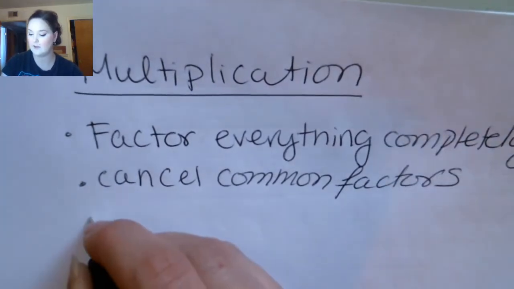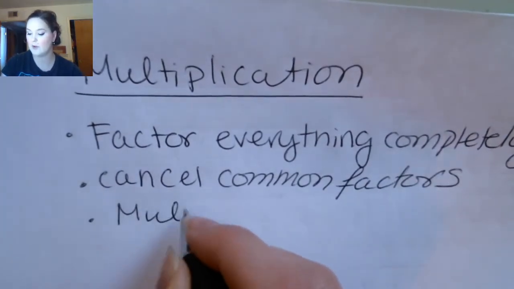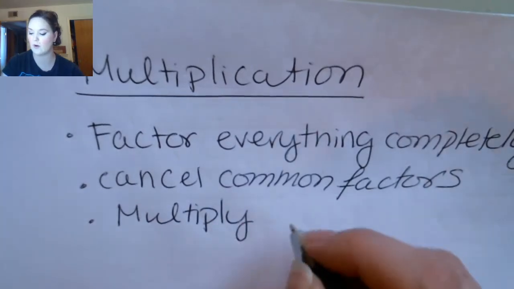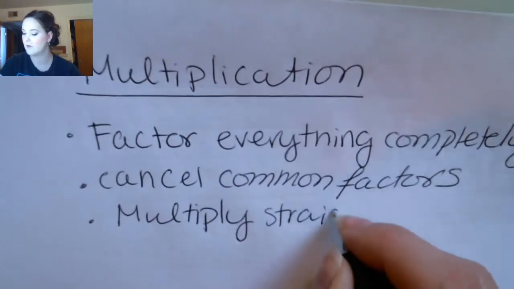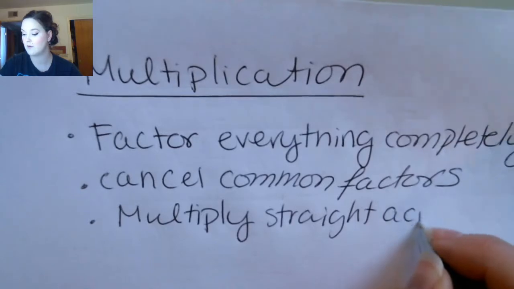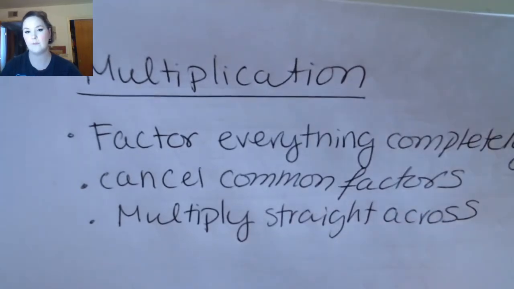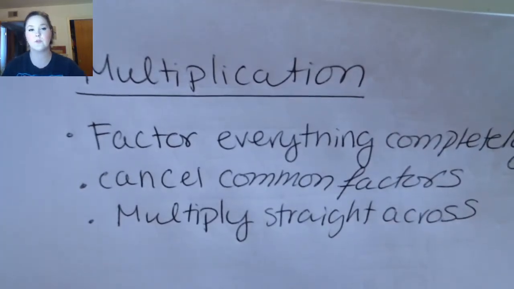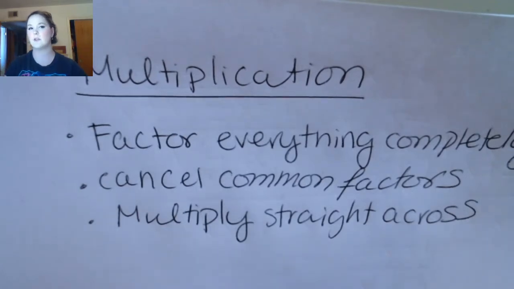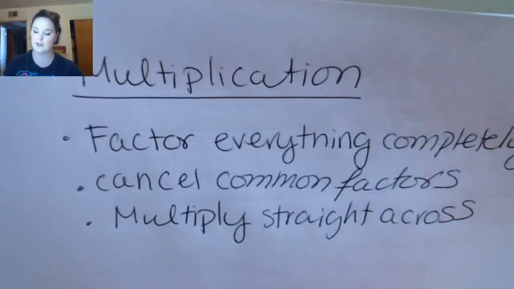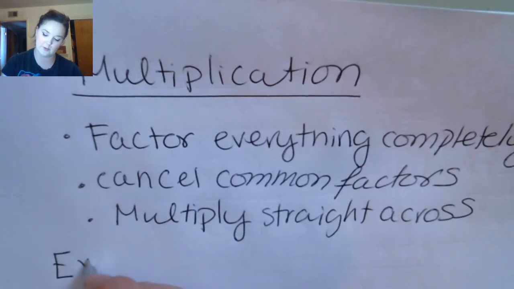Okay, and then the last thing we're going to do is multiply the way you multiply fractions, which is straight across. Okay, so this isn't too different from simplification because you can see the first two steps are essentially the same. So let's look at an example.